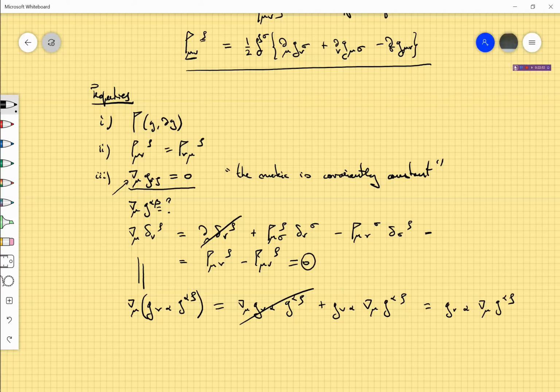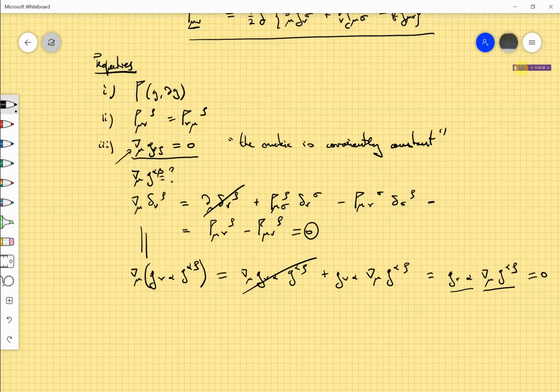This is this 0 here, and the conclusion is that the covariant derivative of the inverse metric is also 0. You can multiply by the inverse metric, this expression, if you want, but you can also just think that for a generic metric which is not singular, if this is 0, then these coefficients must be 0.